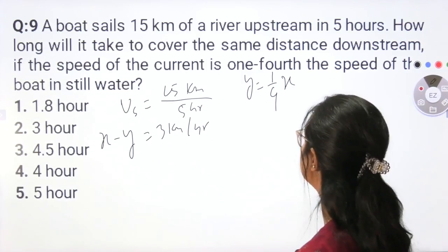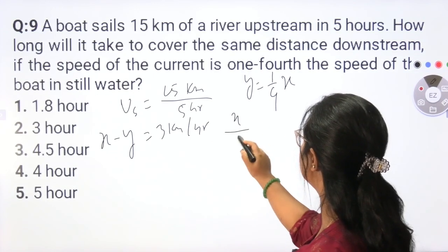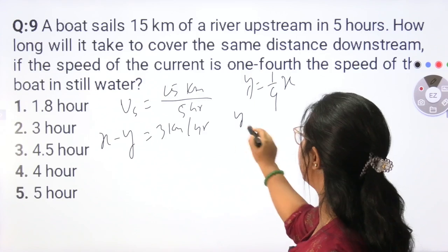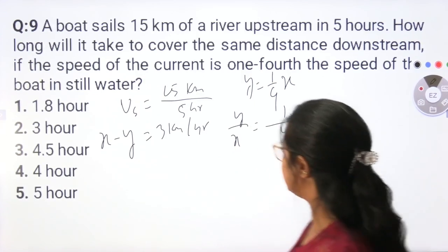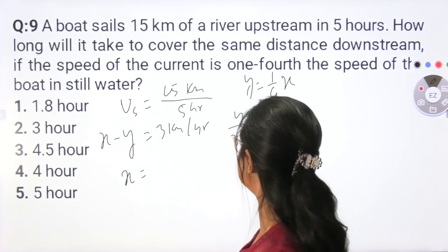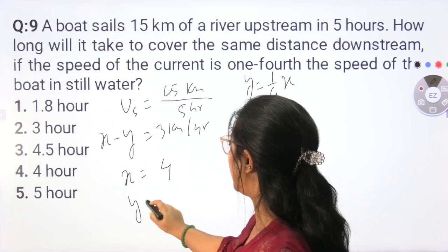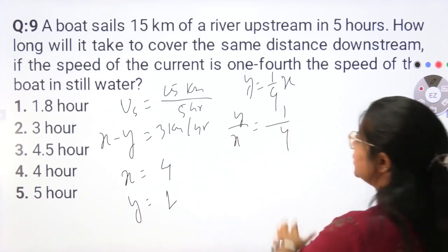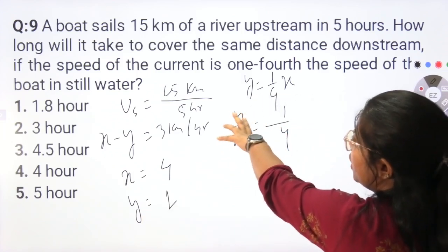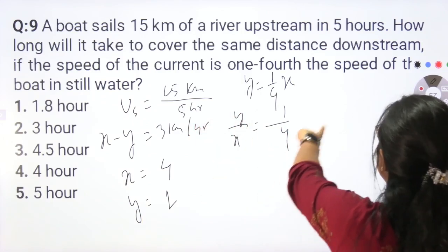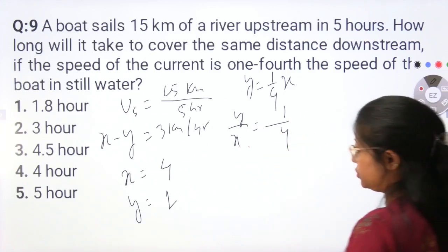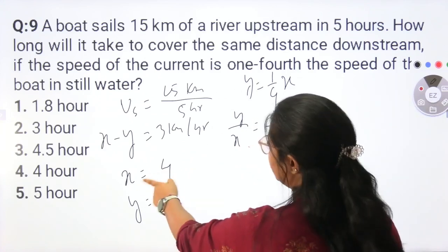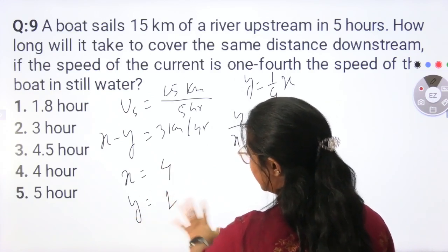So from here I am getting y by x is equal to 1/4. That means x is equal to 4, and y is equal to 1, because you are given the speed ratio of stream and boat is 1/4. So I am getting the speed of the boat as 4 and the speed of the stream as 1.